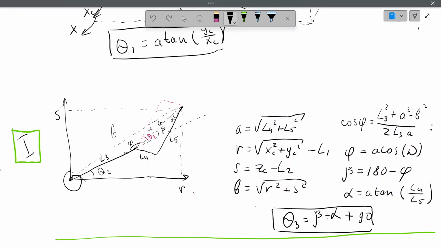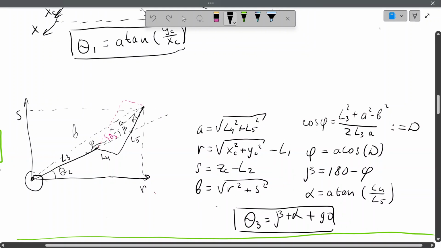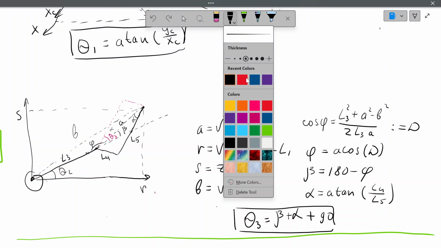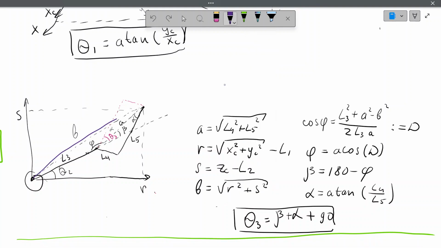So this is R and this one is S. So the square root of R square plus S square. Next we find cosine phi. For cosine phi we consider this triangle. Here we know everything: B, A, L3.